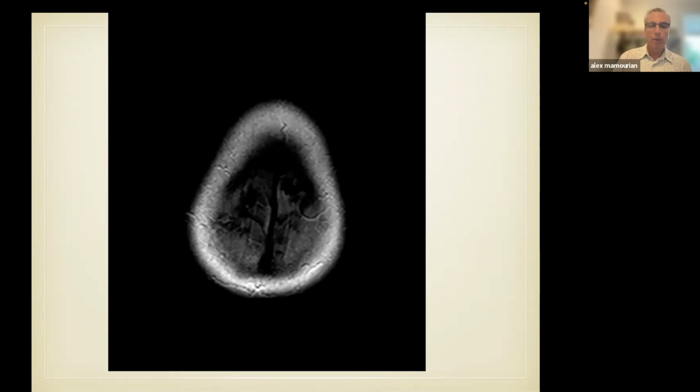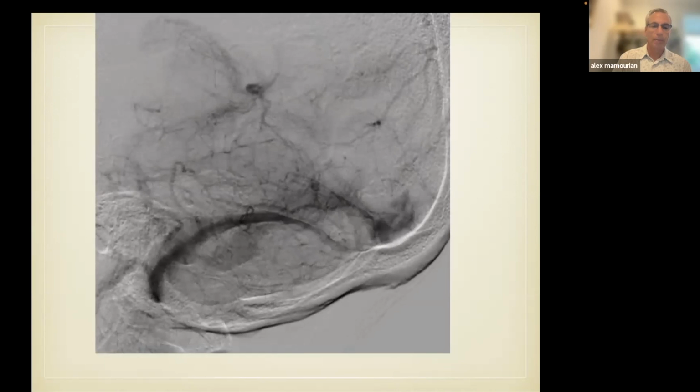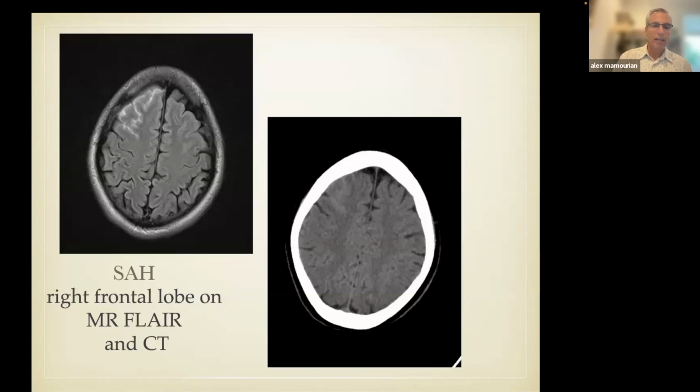So let's talk a little bit about some of the other reasons why FLAIR scans are abnormal. So here's a patient, again, just another example. And what it comes back to is, what is a negative CT scan? So would many readers in a busy practice, maybe without appropriate history, miss this? Probably. But this is subarachnoid blood in a very subtle presentation.